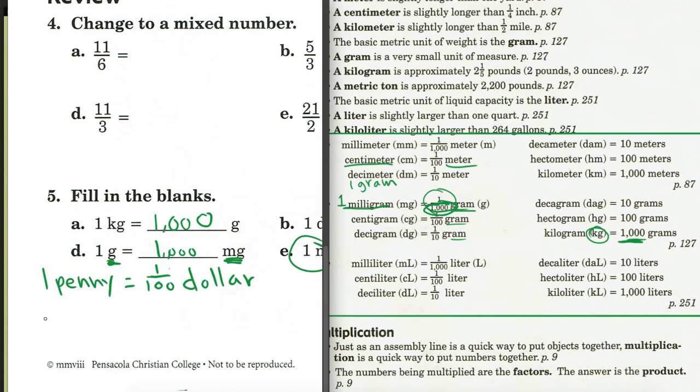So my question is, $1 equals how many pennies? Obviously, you wouldn't say 1/100th, right? You wouldn't look at this chart and say, since 1 penny equals 1/100th of a dollar, then $1 equals 1/100th of a penny. No, that's totally incorrect. Instead, I would say $1 equals 100 pennies, right?